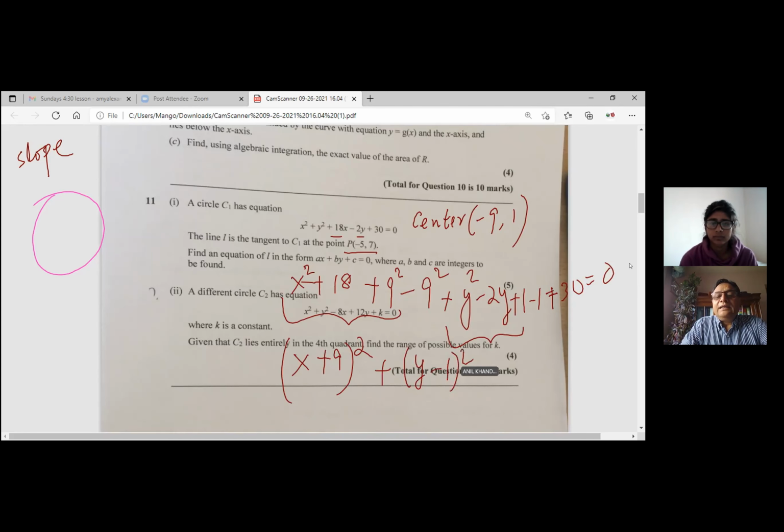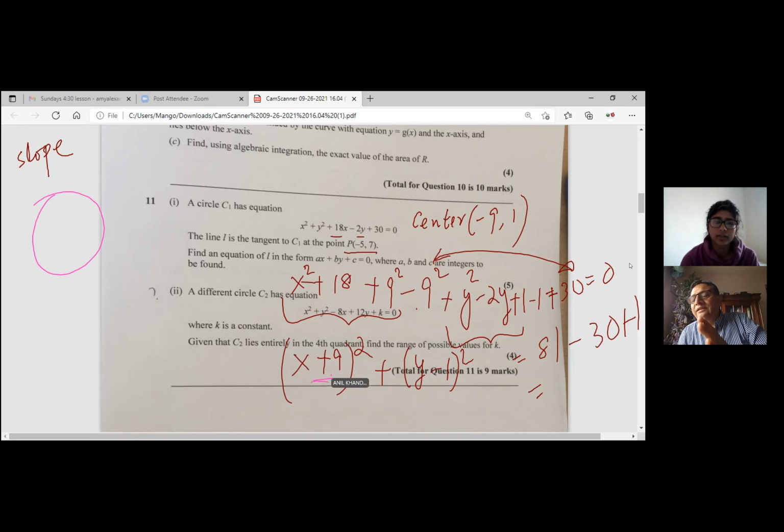And combining 81, this and this, you get the radius squared, which, when we bring it to the other side, is 81 minus 30, and then minus 1 becomes plus 1. Is that clear to you? But the important thing here is that that is the center, minus 9.